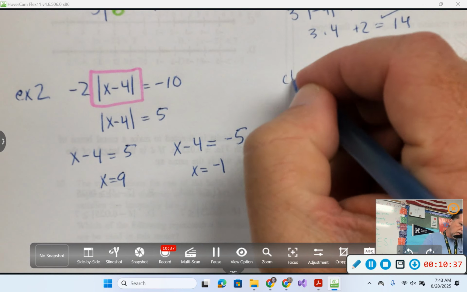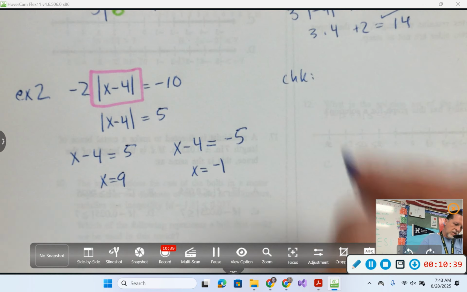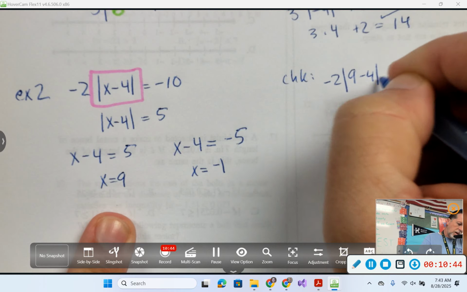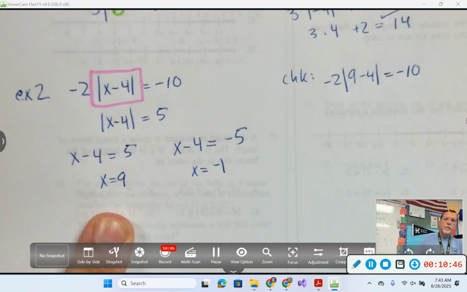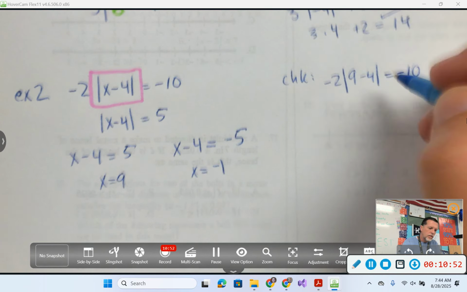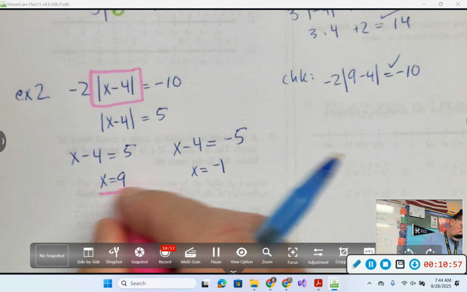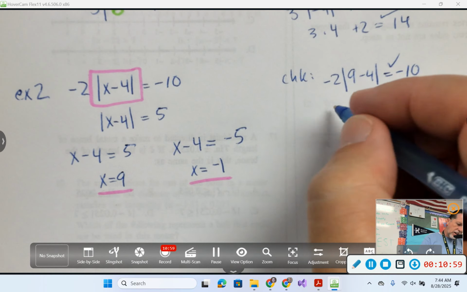But we need to check those. Negative 2 times the absolute value of 9 minus 4. 9 minus 4 is 5, times negative 2 is negative 10. So the 9 works. Let's check the negative 1.